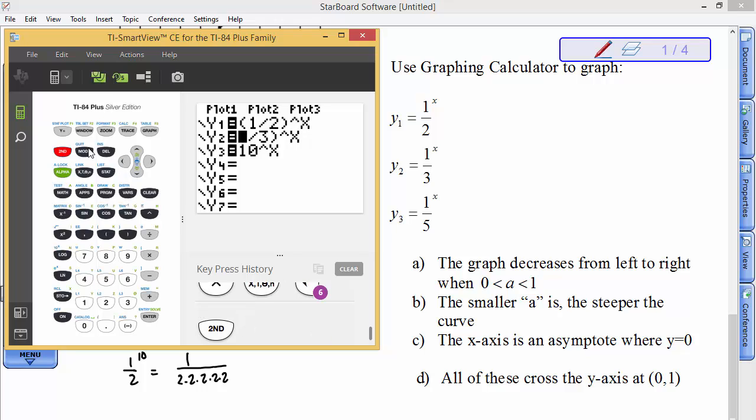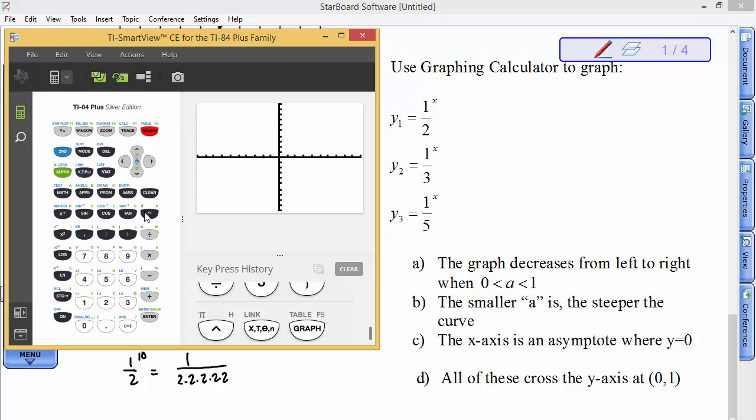So I'll go insert a parenthesis, and then 1 divided by 5 to the x power. And let's look at the graphs of these as this gets smaller.